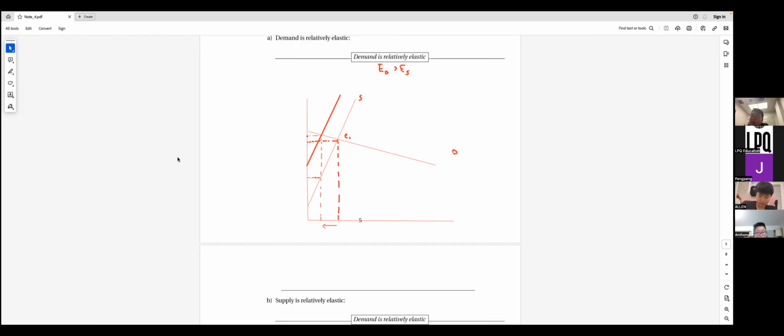You can easily see this time that the tax paid by consumers is the red shaded area. And the tax paid by producers is the blue shaded area. Which one is bigger? Maybe let's add some labels. The red shaded area is called tax paid by consumer.